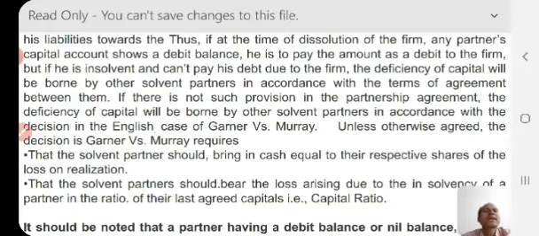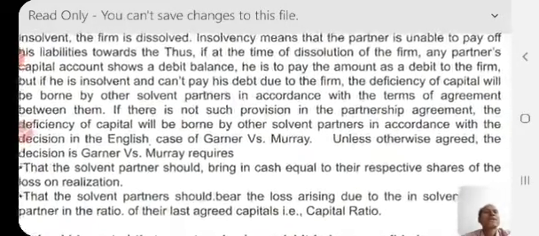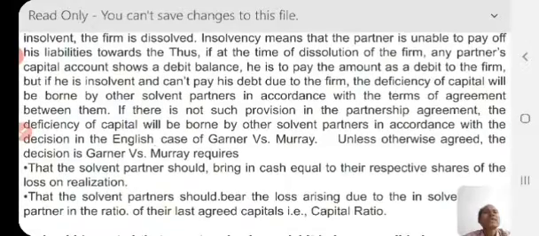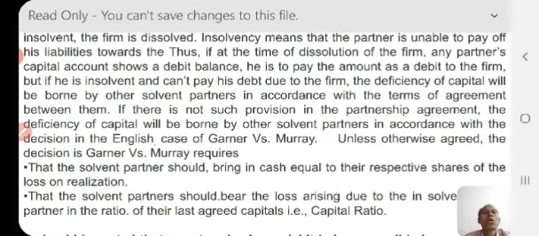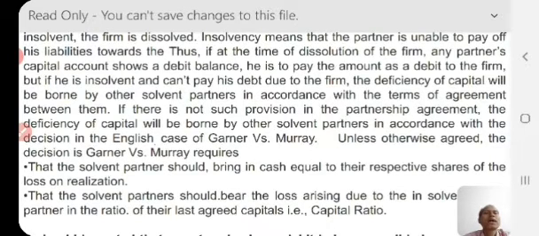We shall see it once again. The deficiency of the capital will be borne by other solvent partners in accordance with the terms of agreement between them. If there is no such provision in the partnership agreement, the deficiency of capital will be borne by other solvent partners in accordance with the decision of Garner versus Murray.